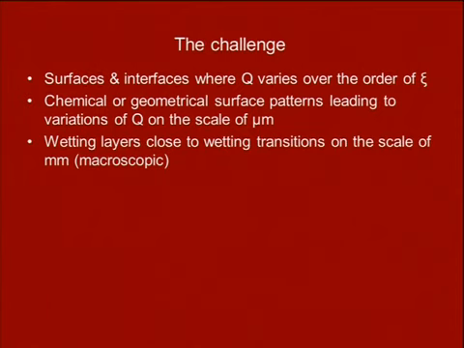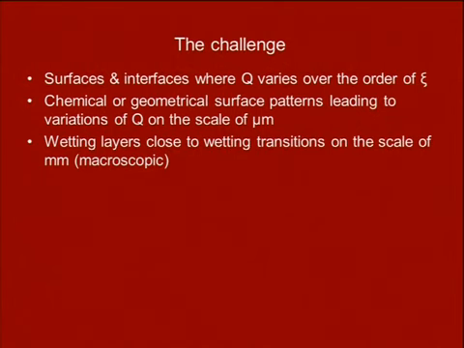Okay, the challenge. I think I already said that because we have surfaces and interfaces, not only the order parameter itself varies, and it varies on the order of Xi, because at least the free interface, that's the scale over which Q varies.